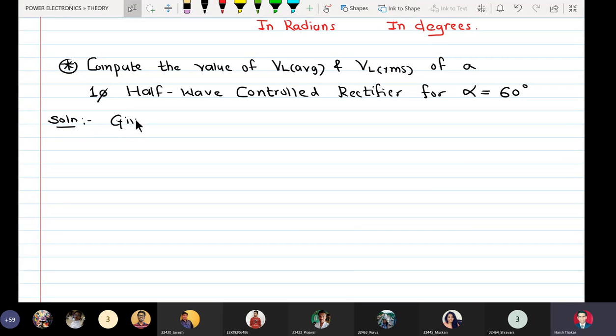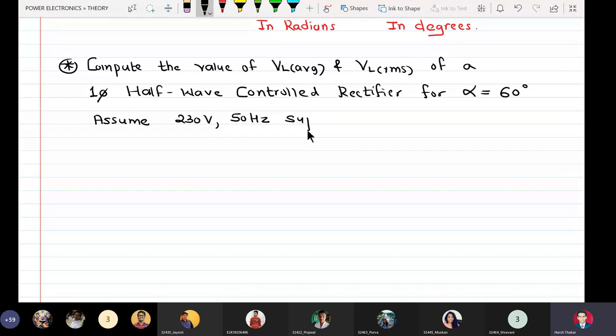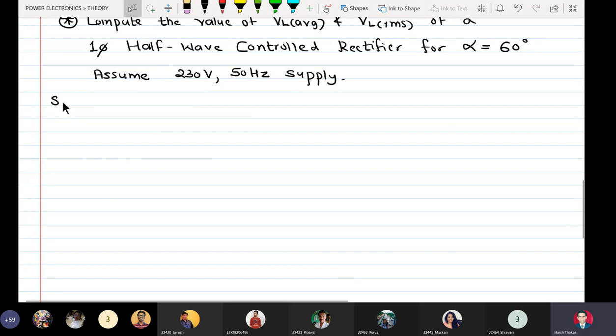Solution. Okay, so the numerical is incomplete. Assume 230 volt 50 hertz supply. Solution.